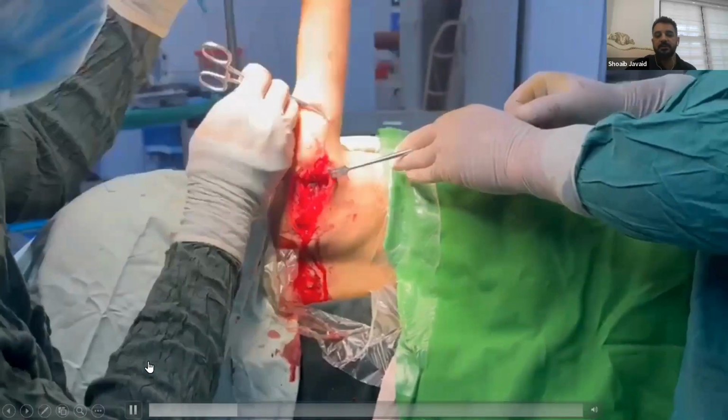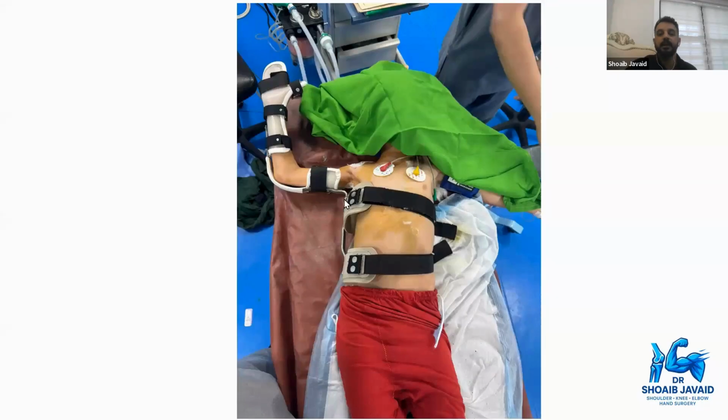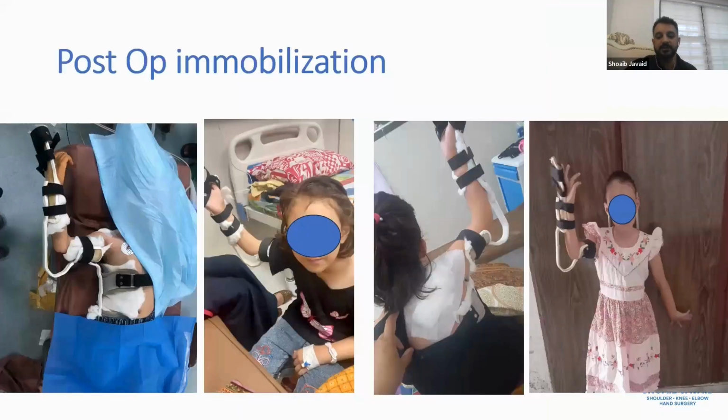The transfer is done, and then the patient is immobilized in this kind of splint. These splints are available in our country. The patient is comfortable, and the scar is only on the posterior side. So cosmetically for girls, it's very acceptable.